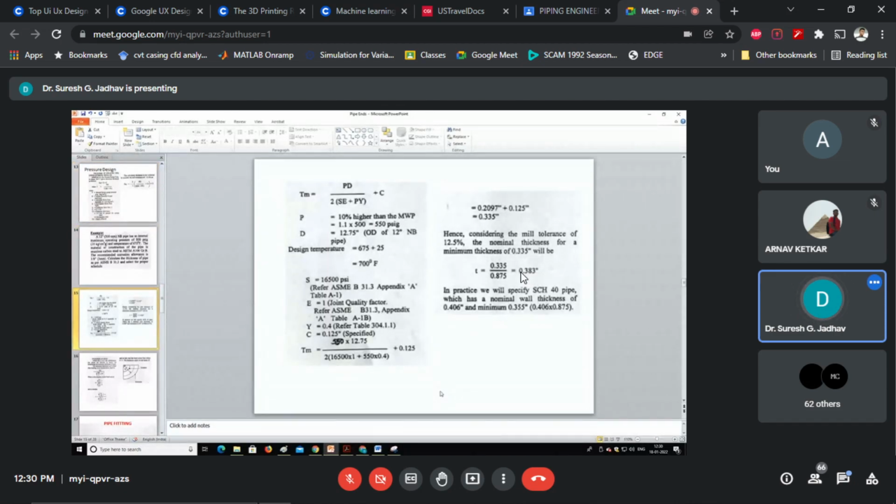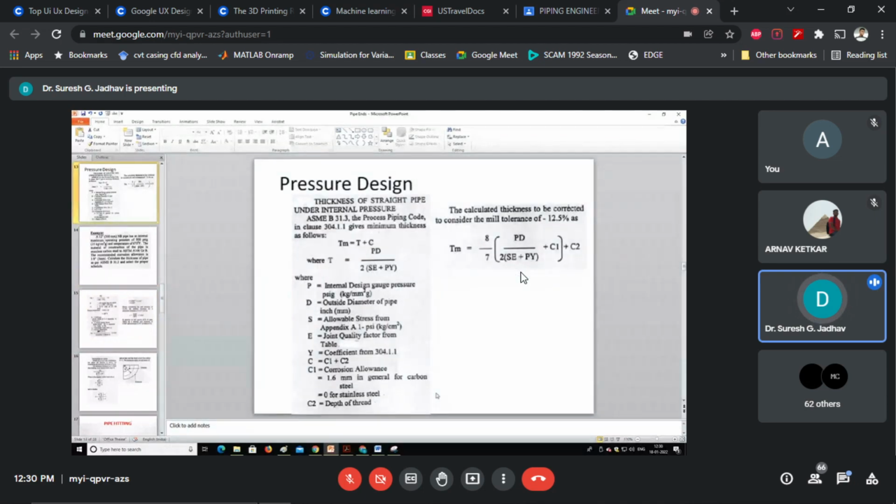So here, thickness equals P into D over 2 into (SE plus PY), plus C. All terms were defined in earlier lectures. Again, what is P? P is the internal design gauge pressure.